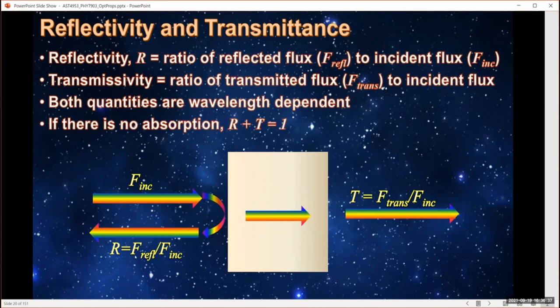Think of this as both adding up to the incident radiation. Both the reflectivity and the transmissivity are measurable. That is, we can put a detector here and measure our reflected flux, and we can put a detector over here and measure our transmitted flux, and we can measure how much light we put in the first place.